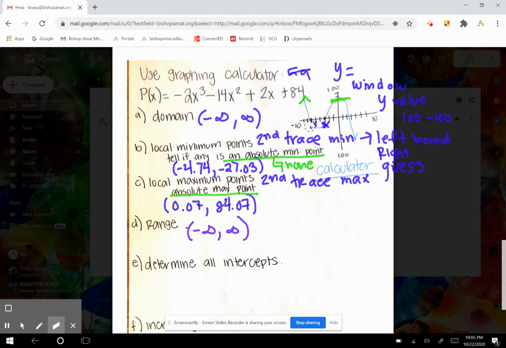Determine the intercepts. Okay, I wrote them down, but you can find them on your calculator. Second trace, and this one you're going to hit the zeros. You want to figure out the zeros. So since it runs through it 3 times, you're going to need to run the test 3 times.